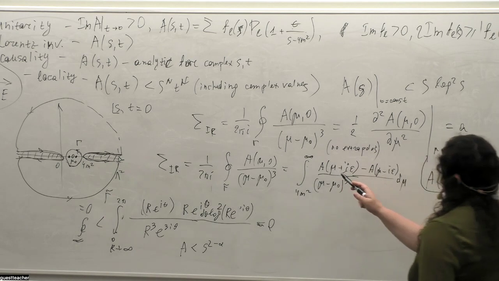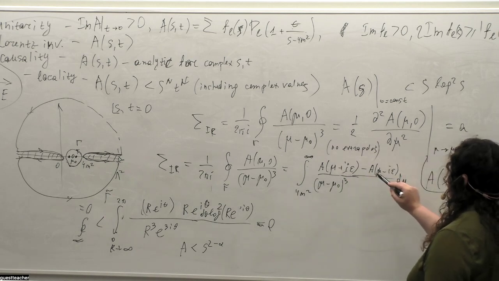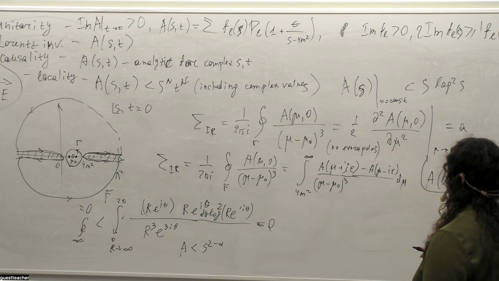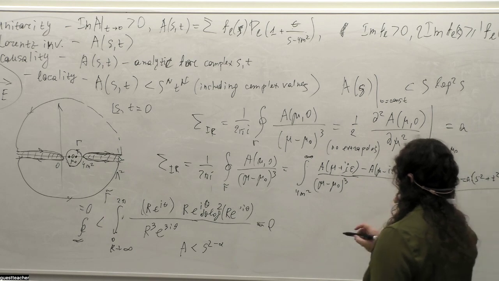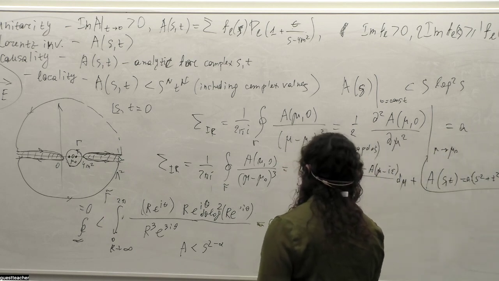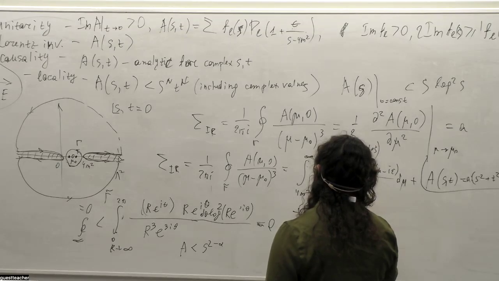So I need to take the quantity which is equal to A of mu plus I epsilon minus A of mu minus I epsilon. And I need to sum it with the integral from minus infinity to 0 of the same quantity, basically.